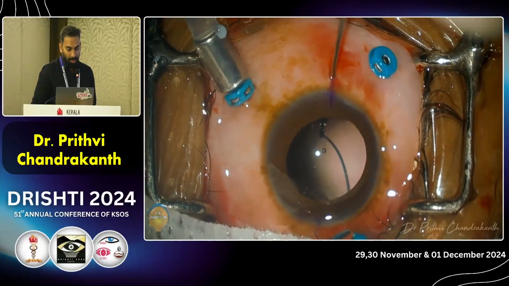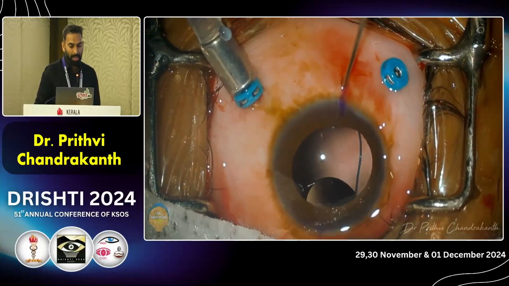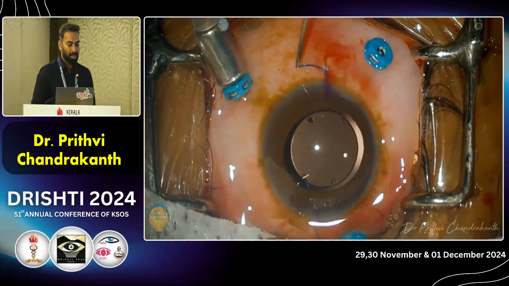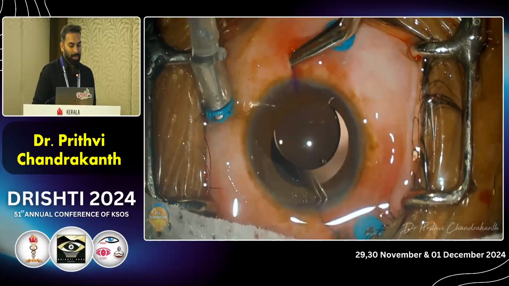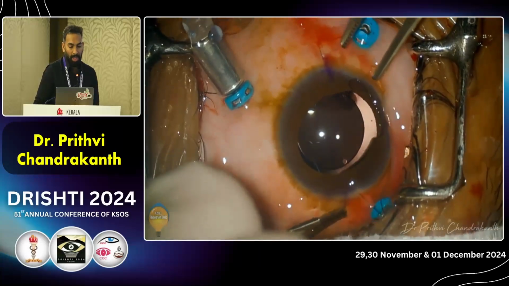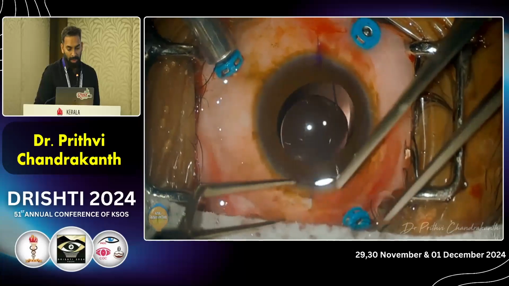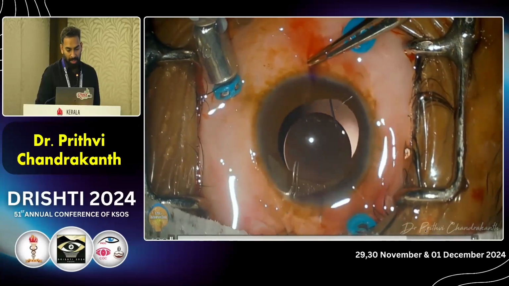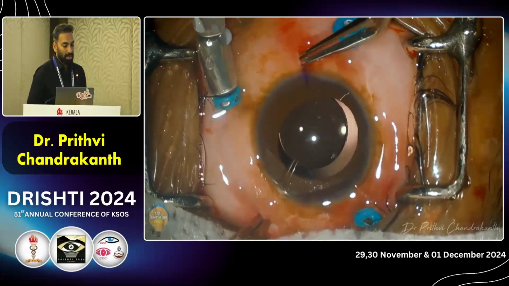This can be done meticulously, and that's about it, because we don't really have to make a big incision. We just need 2-3 ports, and the haptic is put in the tunnel, the scleral pockets, and suturing is done with absorbable sutures. That becomes so easy for us.